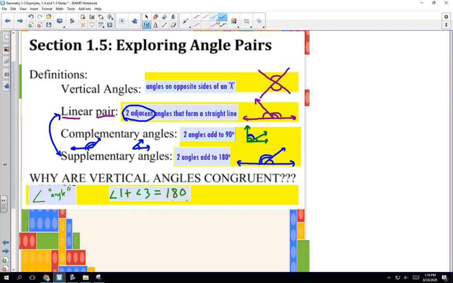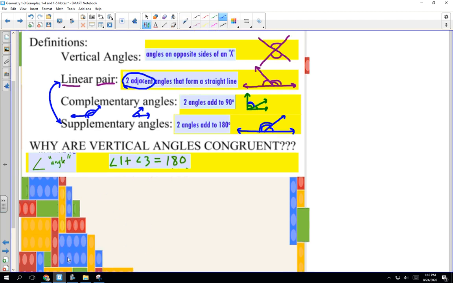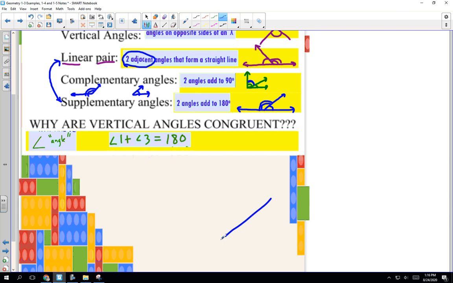Let's draw the picture that goes with this. We have our little X.